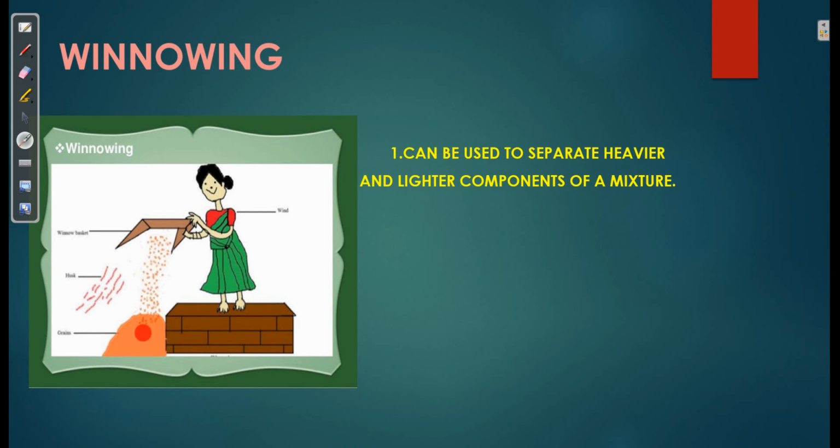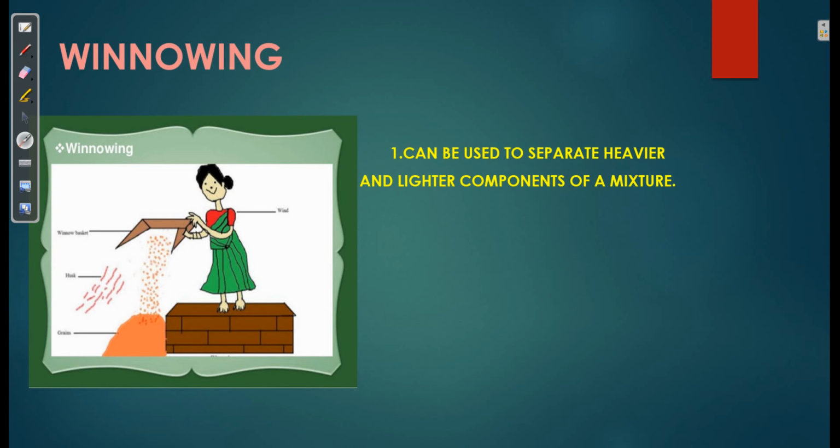Alright, so remember that for the winnowing process, we have to stand where the wind is blowing. If there is no wind, we need to have a fast speed air. What we are going to do is carry this small amount of grain and pour it down.